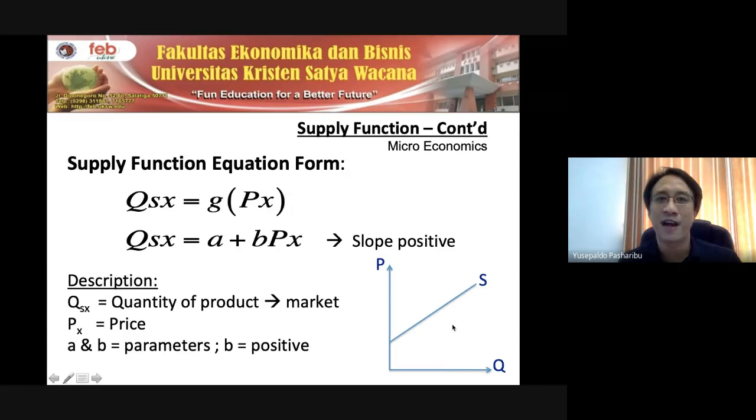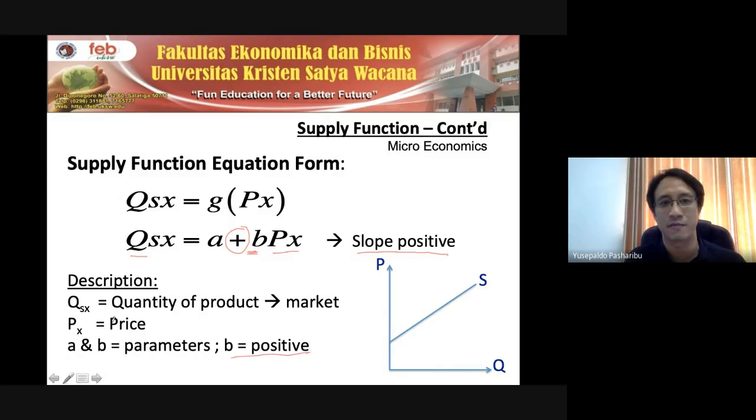So this is the supply function equation form: Q equals a function of P. The Q is on the left side and the P is on the right side. But this time the slope is positive, the sign is plus.